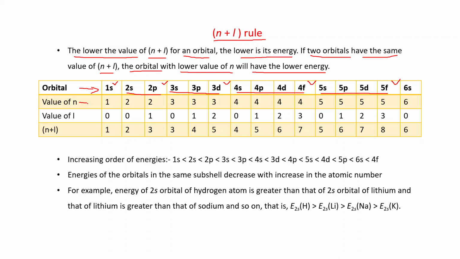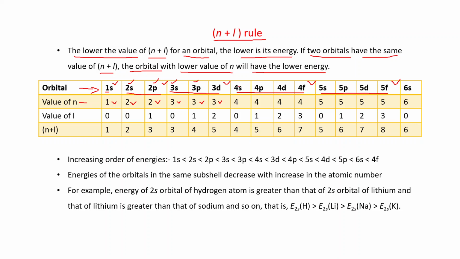Value of n. How can we see the value of n? This number, this 1, this 2, this 2, this 3, this 3. These numbers represent the value of n for a particular subshell. In this way we can say for 1s the value of n is 1, for 2s this is 2, for 2p this is 2, for 3s this is 3, 3p this is 3, 3d again 3.